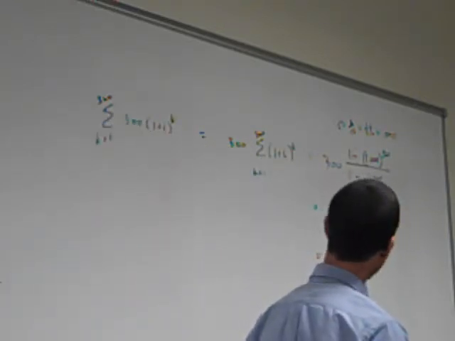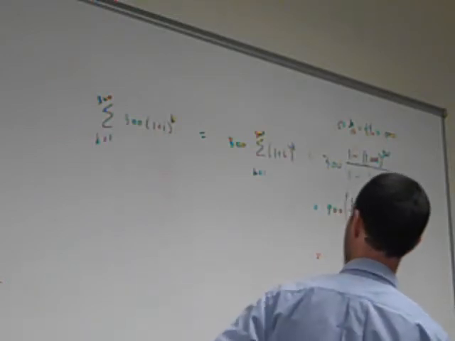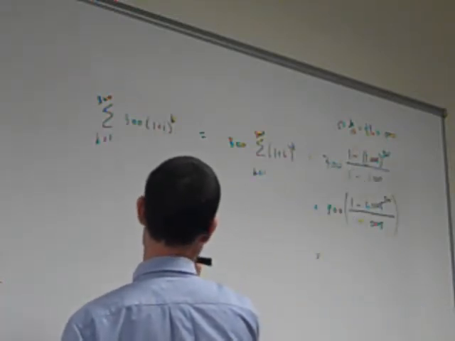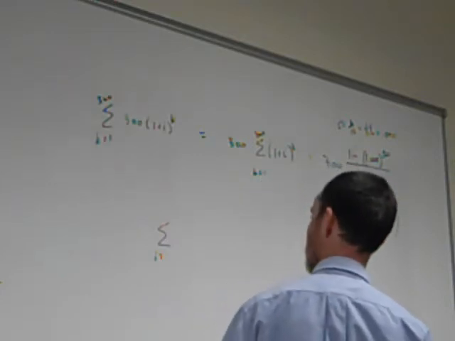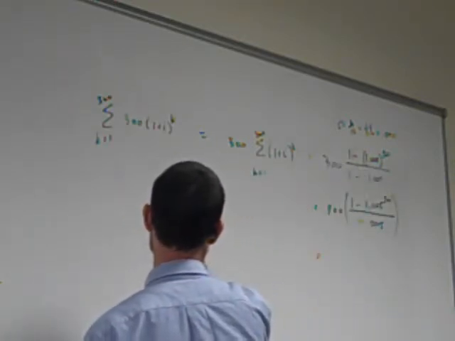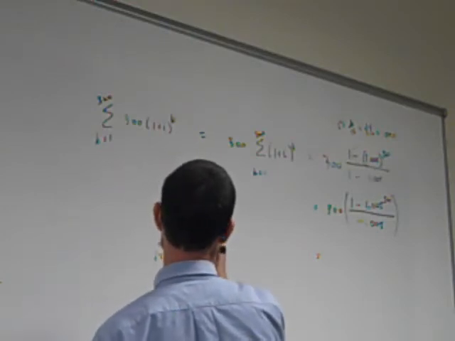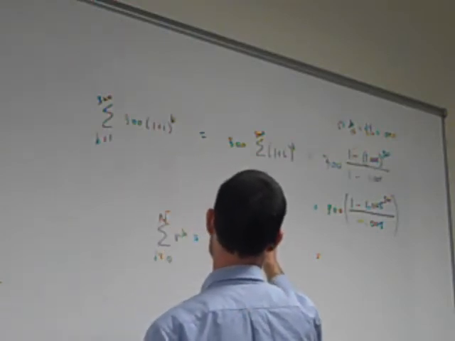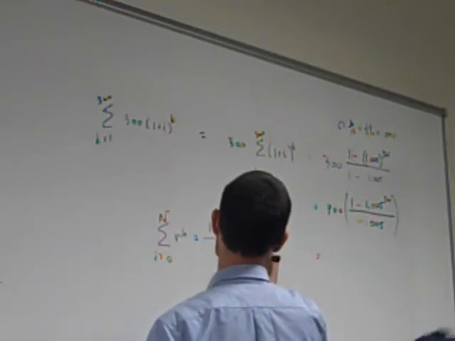I just lost. Where did the 361 come from? The 361 comes from the fact that the sum from, oops, I've got to back up. I made a mistake. The sum from k equals 0 to n of r to the k is 1 minus r to the n plus 1 over 1 minus r.